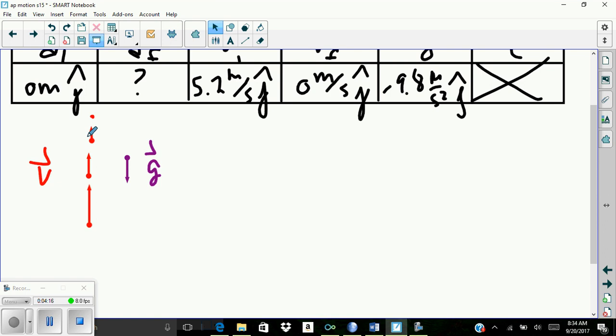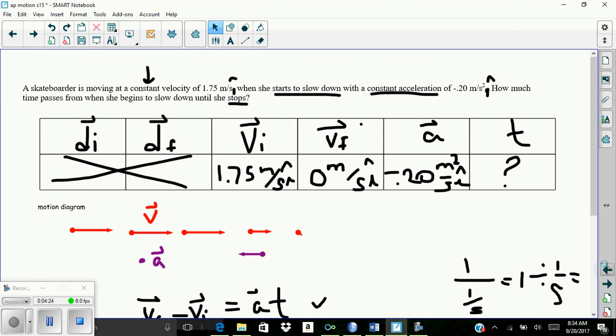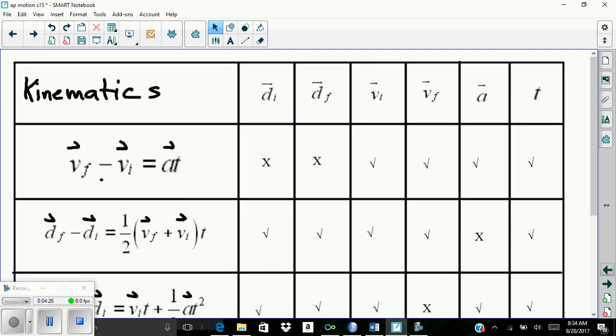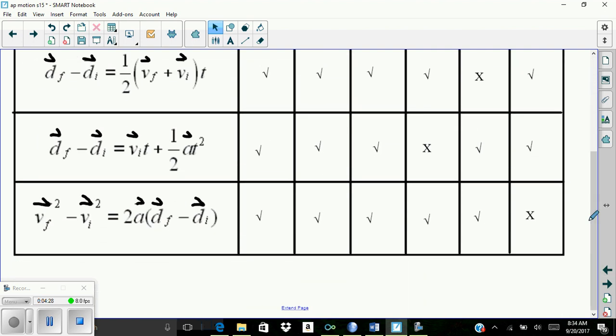So for the first part, this is what my motion diagram looks like. That tells me I should have a velocity changing, and I should have acceleration. Looking at my sheet here, I go down to the equation with no t, and there's my equation.